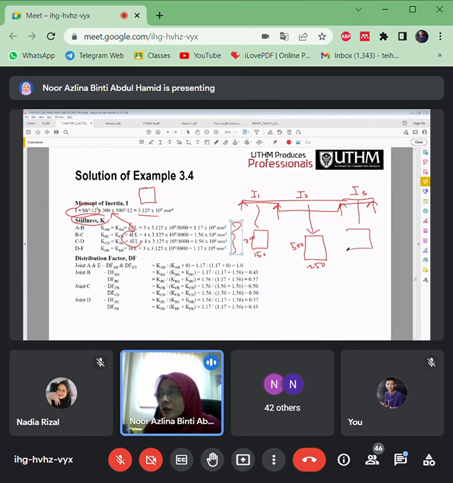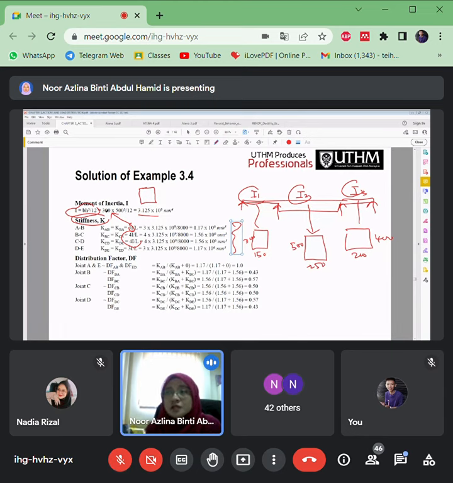I3 is about 200 by 400. So you need to identify whether the inertia is uniform for the whole span of the continuous beam or not.